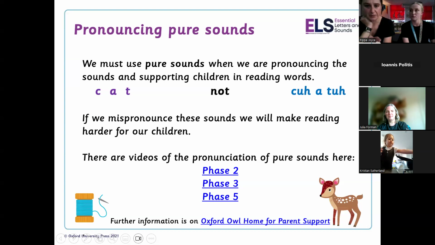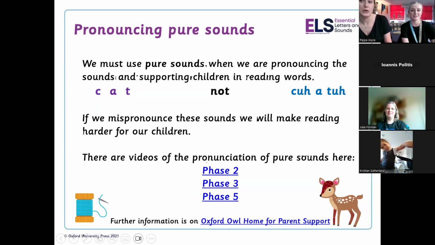When we send this PowerPoint out, the phase 2, phase 3, and phase 5 blue writing at the bottom are links to videos that show the pure sounds. A really fun one is the zh sound, or your ure, which is the one I always get observed on in my phonics observation every year, and it's really difficult because it can be j as well.